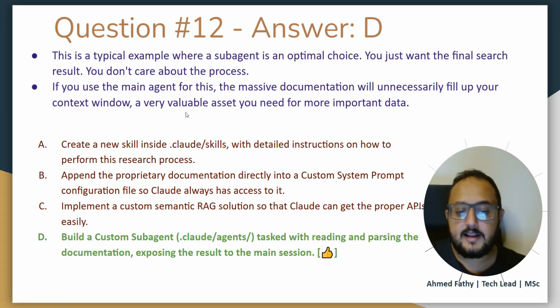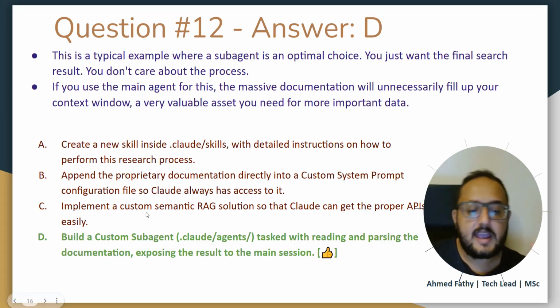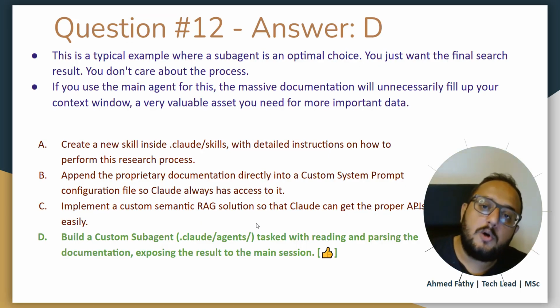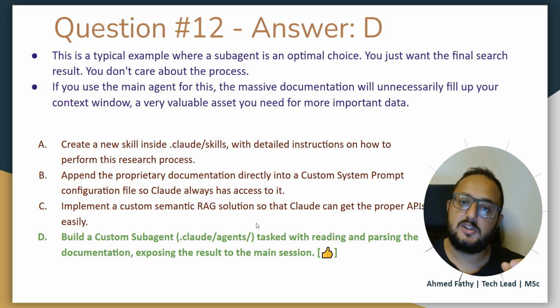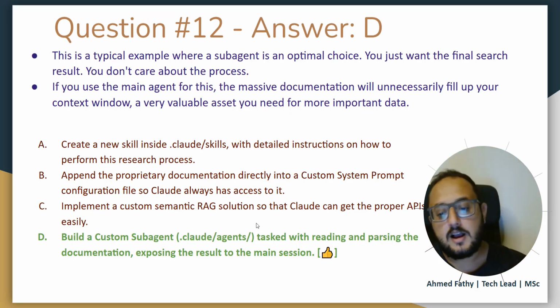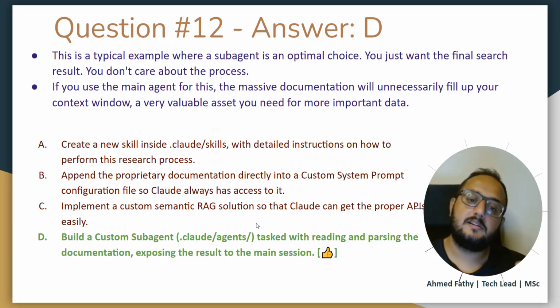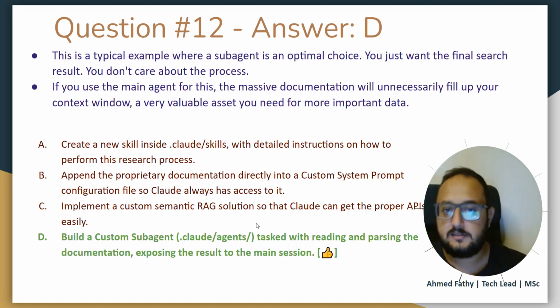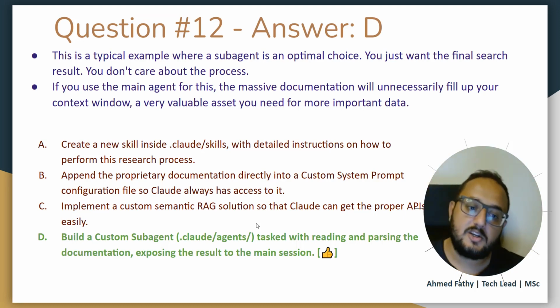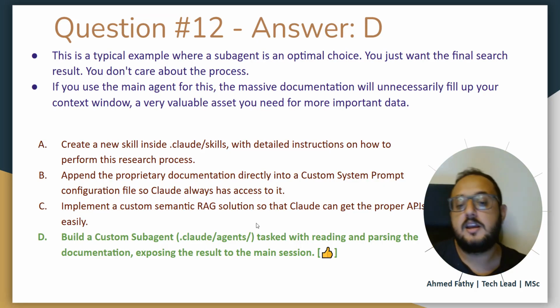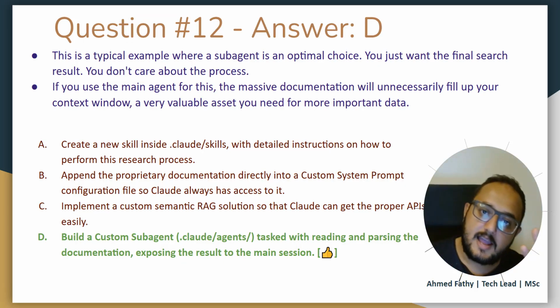And if we look at the other options, for example, option C, can you implement a custom semantic RAG solution? You obviously can, right? And you can even give the sub-agent access to a tool that does this. However, at least at the time of this recording as well, Anthropic prefers using tools like search and grep and glob and so on to do its searches in documentations, instead of creating a vector database with chunking and using RAG solutions and so on.